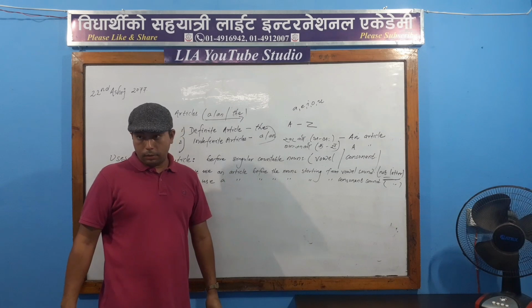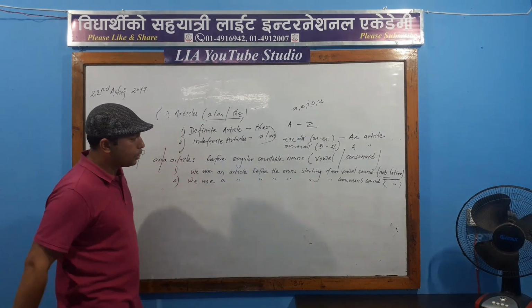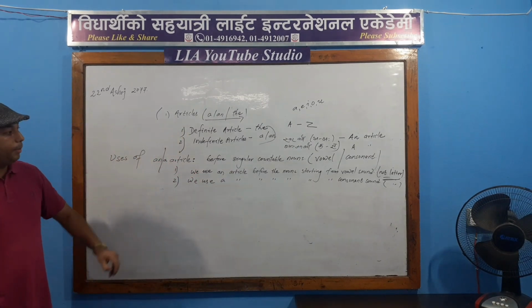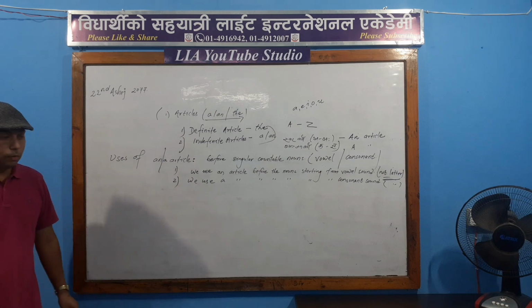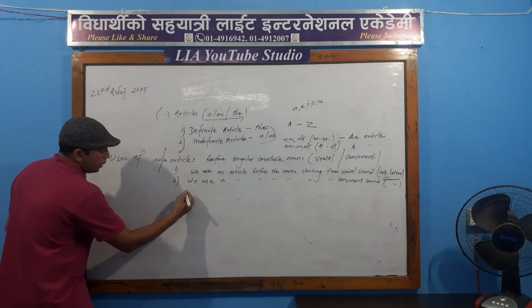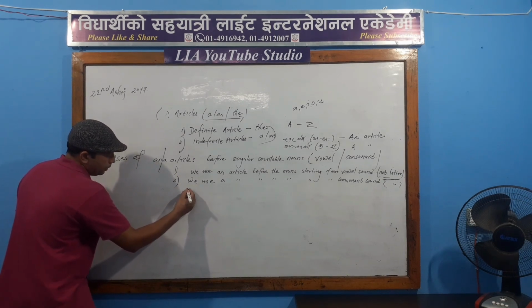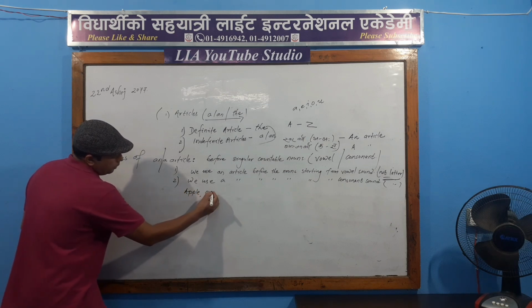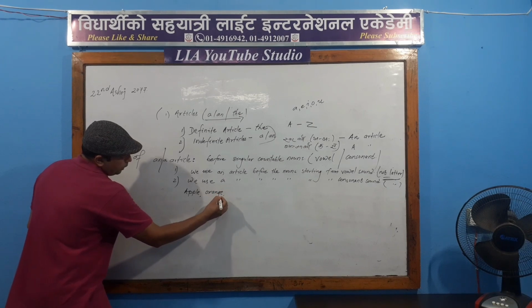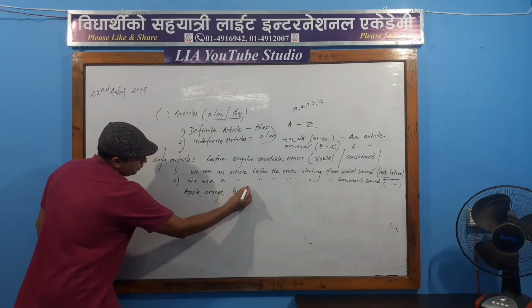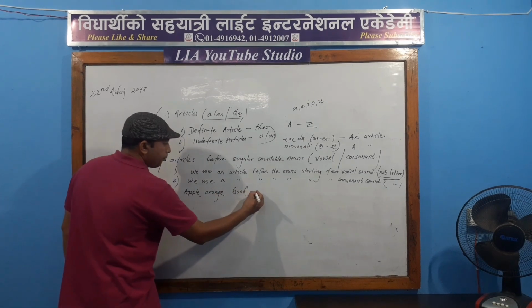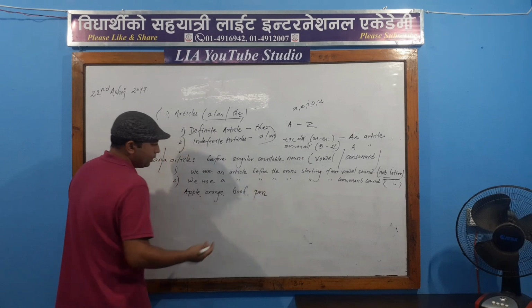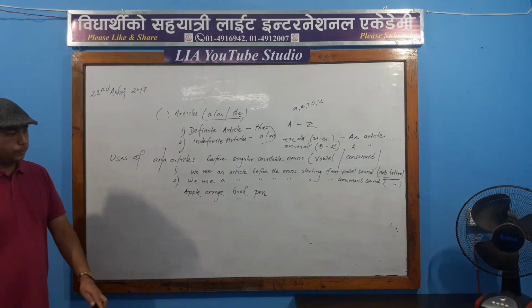Now I am going to write some nouns here, beginning with mixed sounds. For example, simple ones: apple, orange, book, pen. Very easy, these words.